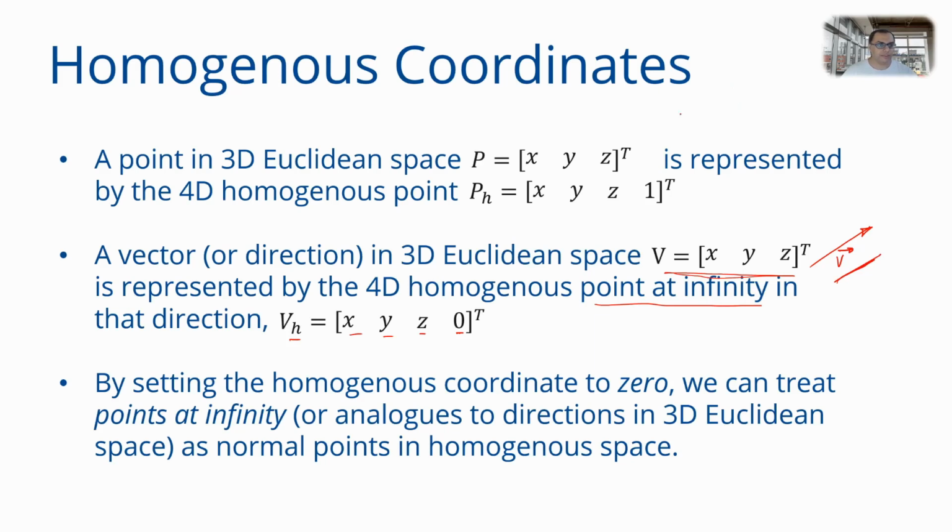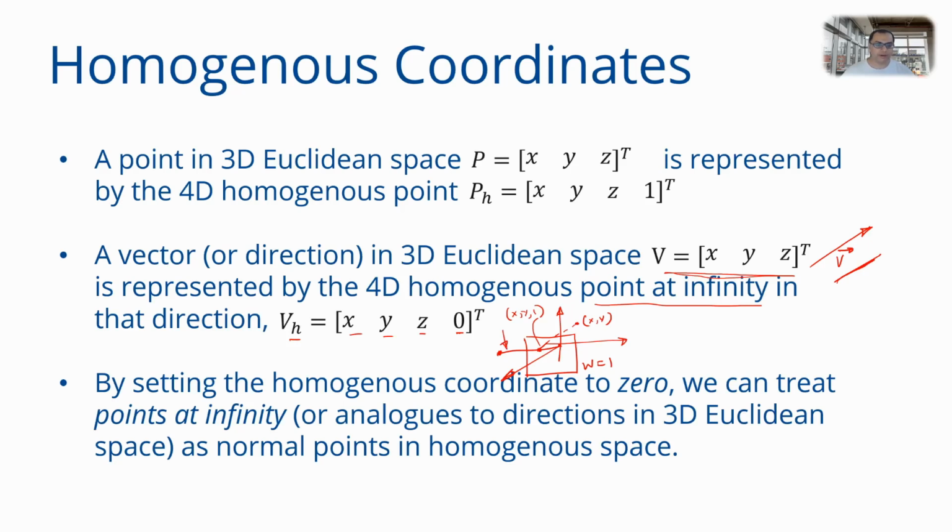Okay. If you remember the geometry of the homogeneous representation, when we went from 2D Euclidean to 3D homogeneous, we said that we had a plane which was the W equal to 1 plane, and if this was the point x, y in 2D Euclidean, it became the point x, y, 1 in 3D homogeneous, and then it really became this ray, right?